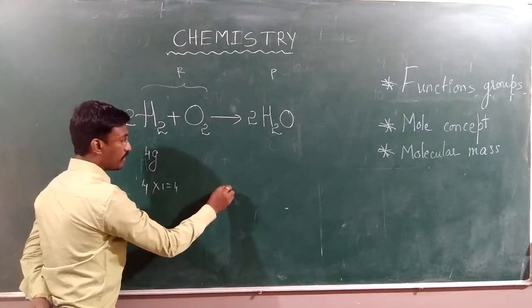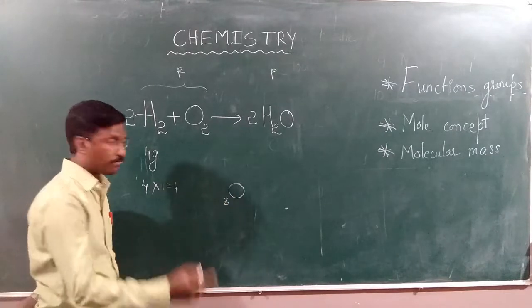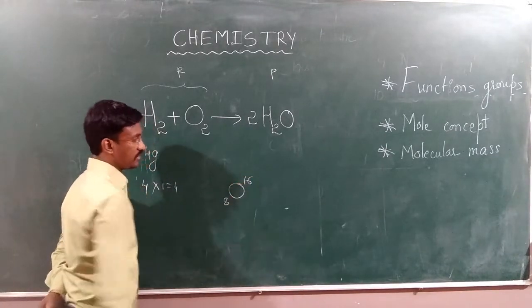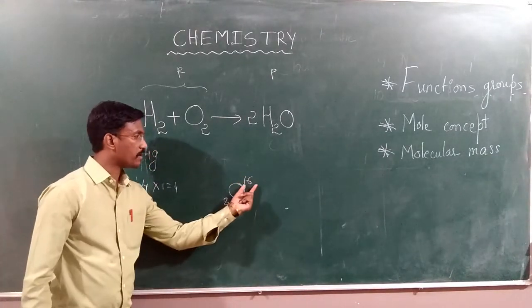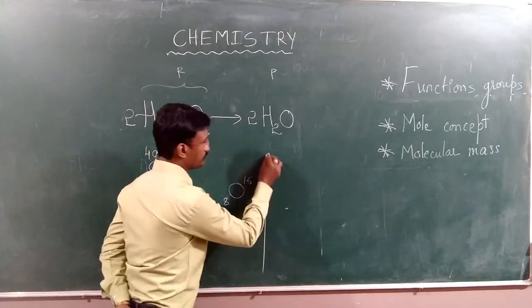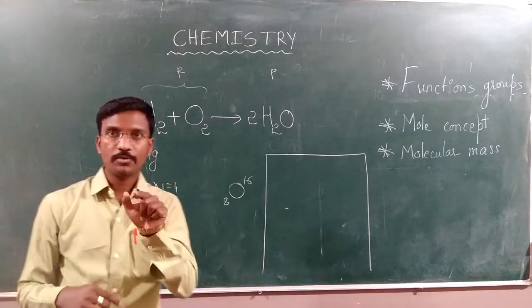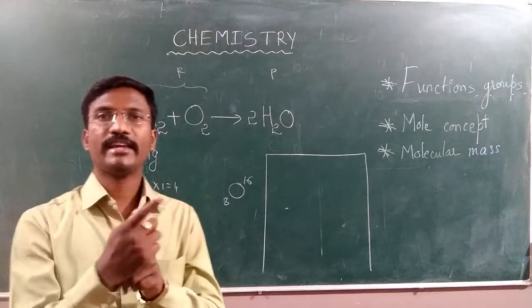We know the atomic number of oxygen is 8 and the atomic mass of oxygen is 16. I hope you remember this. Once again, whichever I am saying, you have to pause the video and write it, because I am writing it symbolically.